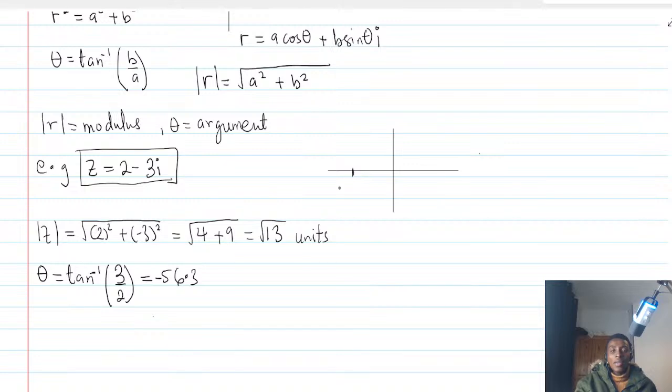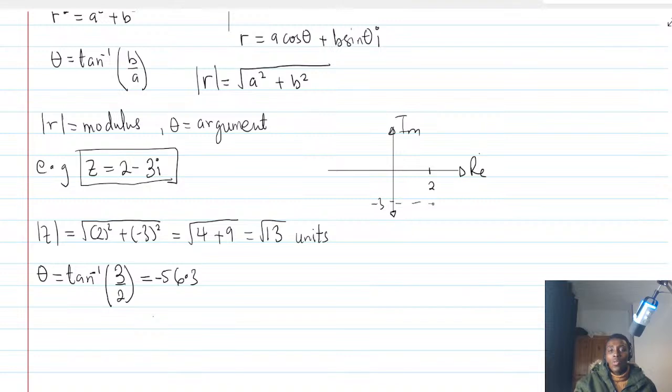Here is the real axis, which is 2, and then the imaginary axis is the y. So the negative will come here, which is what? Minus 3.